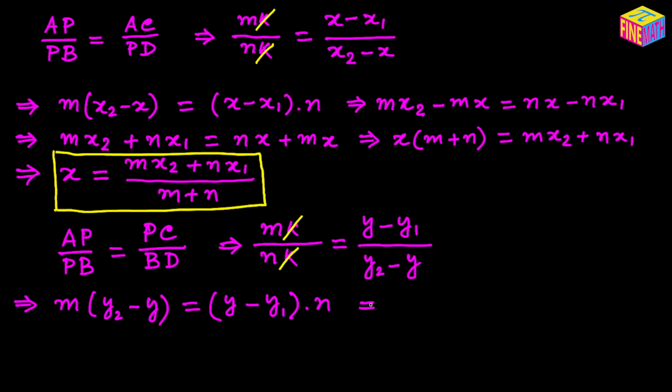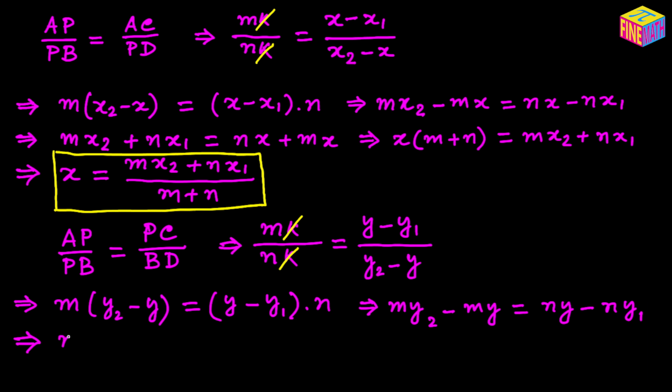And then if we remove the parenthesis, we get m times y sub 2 minus m times y is equal to n times y minus n times y sub 1. From here, let's keep all the y terms on one side.